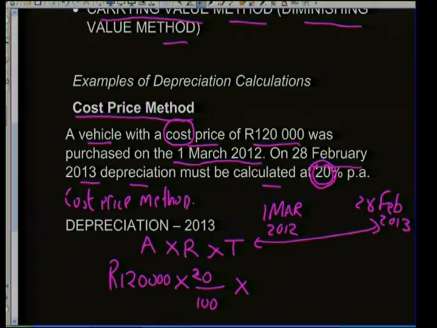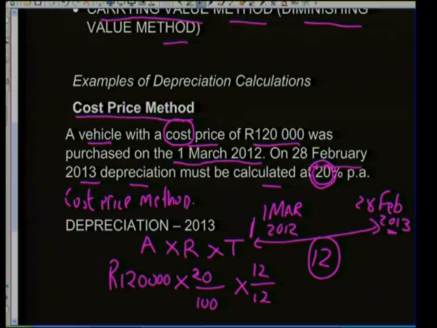So if we look at the number of months that the asset was used by the business from the 1st of March 2012 until the end of February 2013, this gives us 12 months. So we're going to depreciate the asset for 12 months, 12 over 12, which obviously will cancel off because we're depreciating it for 1 year.